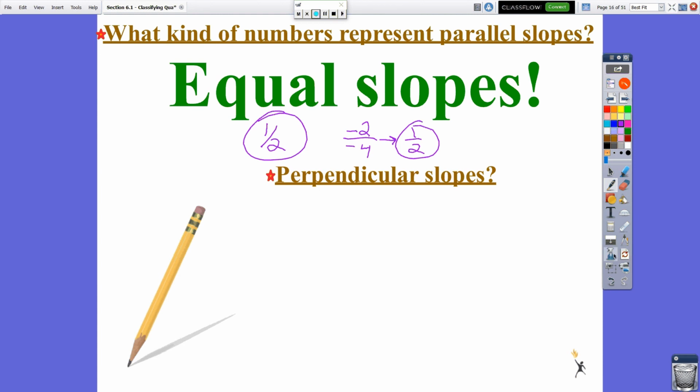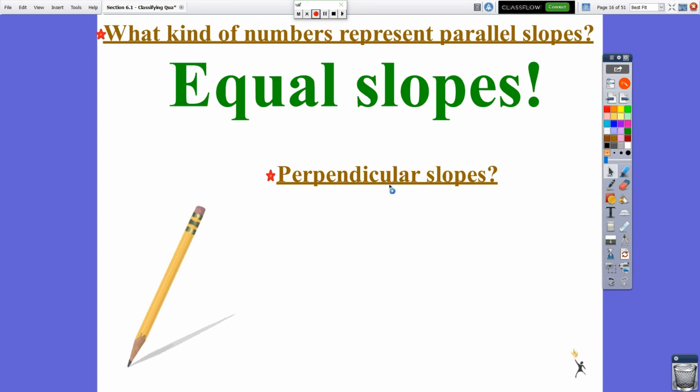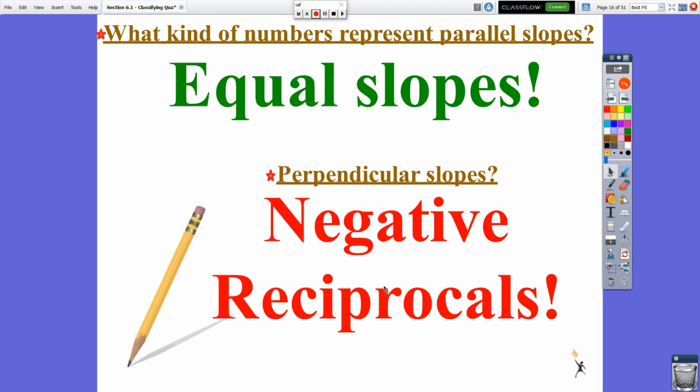Now, perpendicular slopes, on the other hand, see if you remember this from your Algebra 1 days, but perpendicular slopes had to have two things going on with them: they were negative or opposite, as some of your algebra teachers might have worded this, negative or opposite reciprocals. And reciprocals was, if we had a fraction like a over b, then its reciprocal, we just flipped the numerator and denominator, and the reciprocal would be b over a.